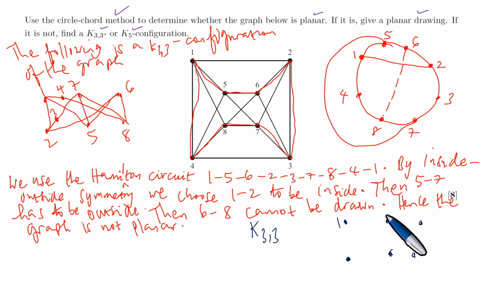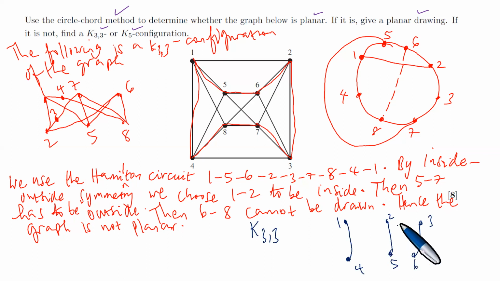So you put 1, 2, 3, 4, 5, 6. Okay, so we do this. When you do this, that is the K33. So we connect this one, we connect this one, we connect this one. So you must draw this K33 and then just put the vertices there.